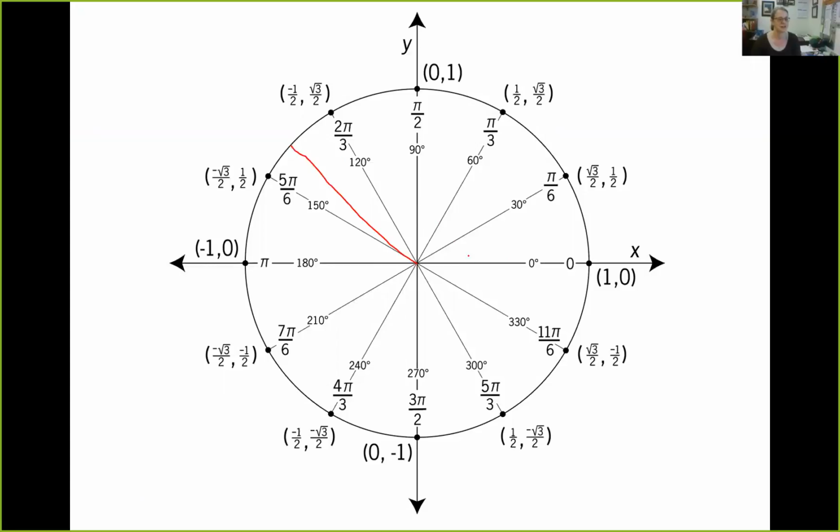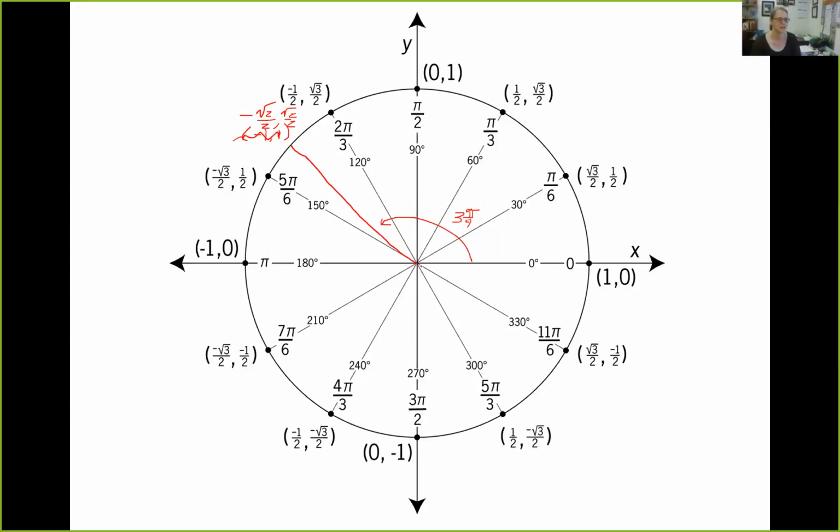Pi over 4, 2 pi over 4, this is 3 pi over 4. And it's -1, 1. So cosine, actually, it's negative root 2 over 2 and positive root 2 over 2.